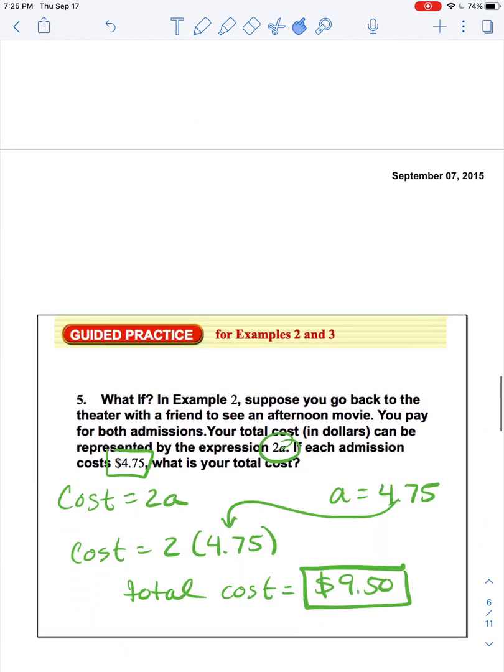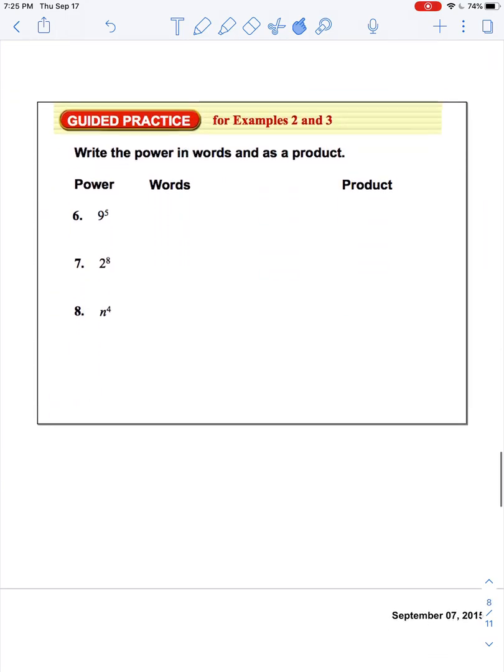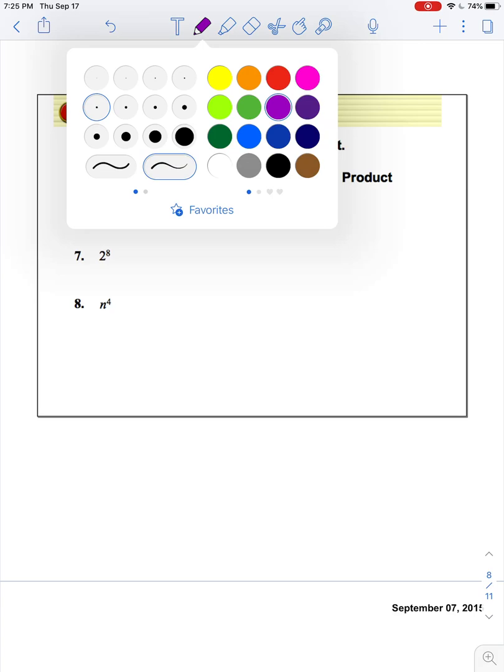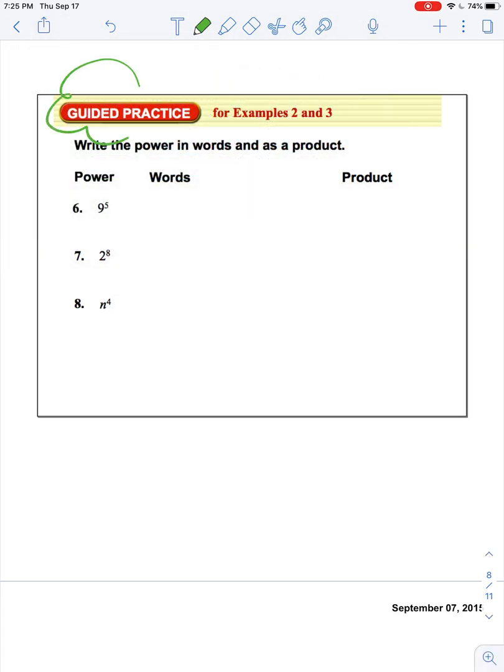So now let's go to the one that looks just like that as guided practice. And again, you try it yourself and then look to see if you're doing it correctly.